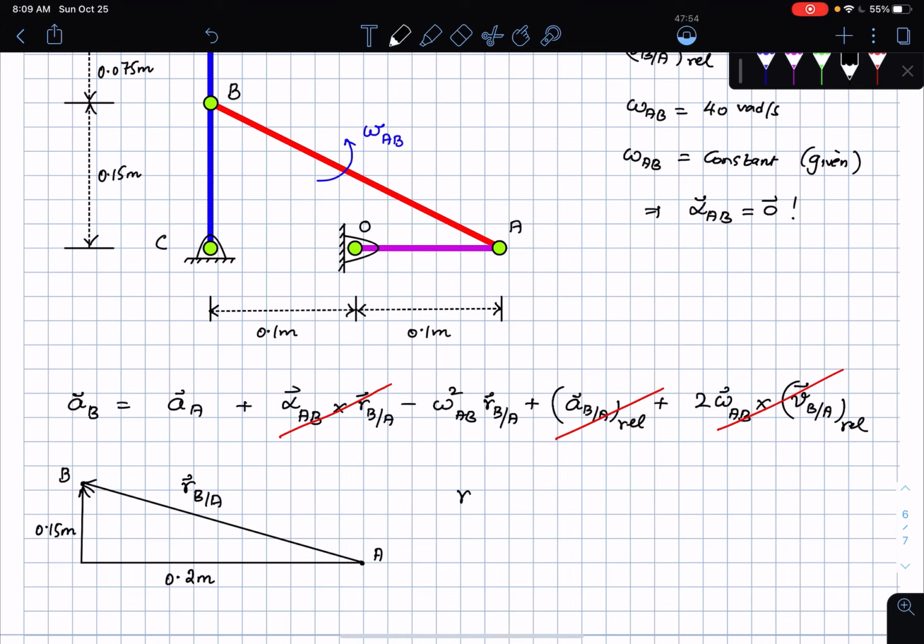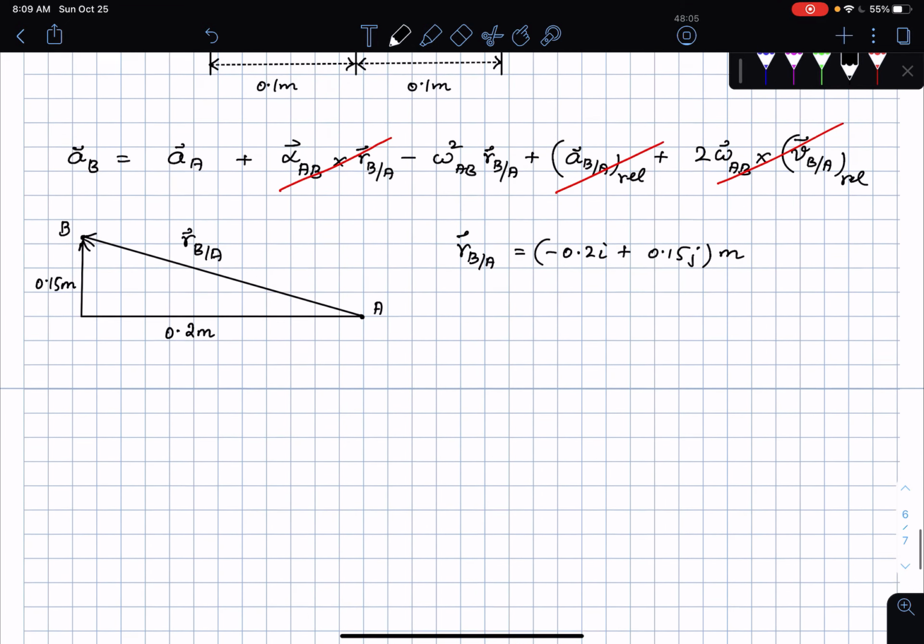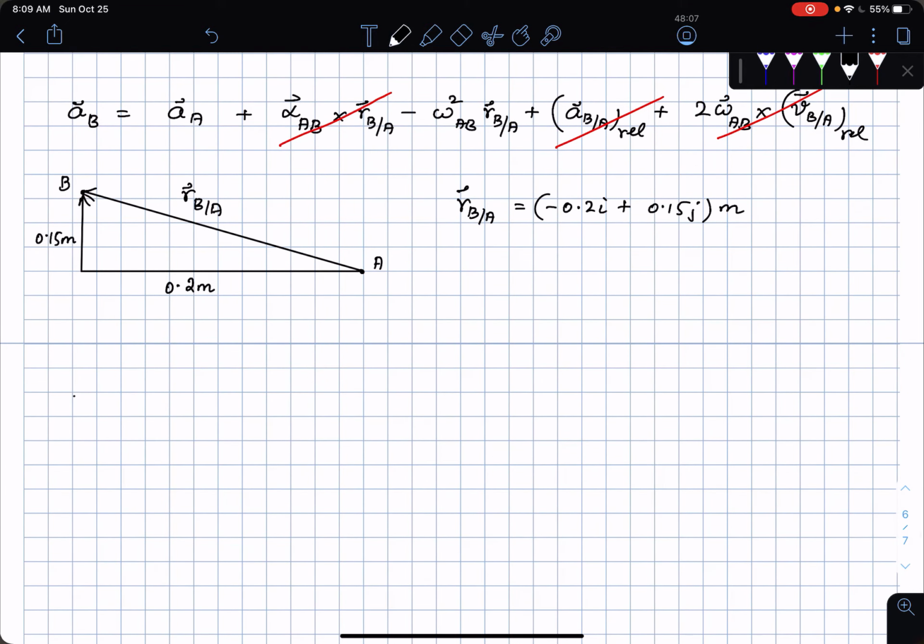So this tells me that R B/A is going to be minus 0.2 I plus 0.15 J meters. Take this and substitute it back. So acceleration of B is acceleration of A minus omega square AB, so that is going to be 40 square times minus 0.2 I plus 0.15 J. Okay, so this is what I have.